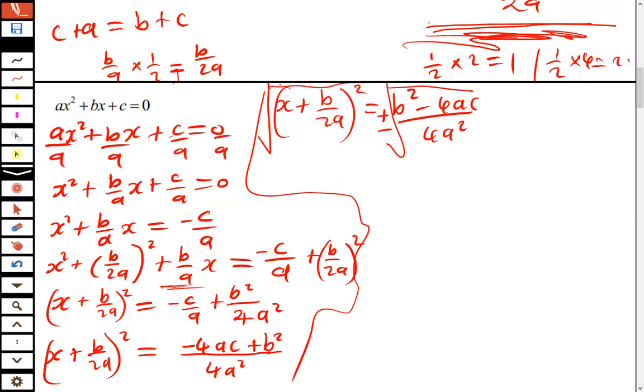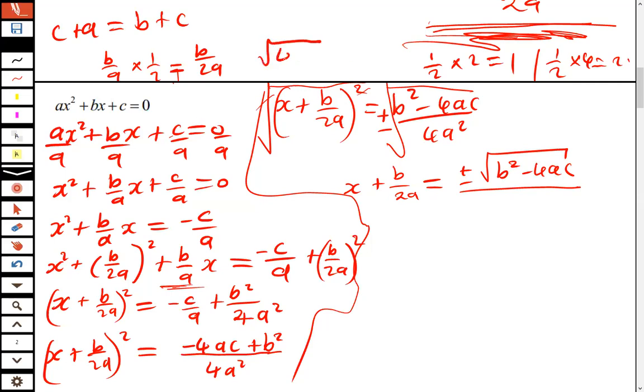When I square root both sides, on this other side, this square root and the 2 there will cancel. So I'll just remain with x plus b over 2a, then is equal to plus or minus the square root of b squared minus 4ac, then everything divided by, the square root of 4a squared will simply just be 2a.